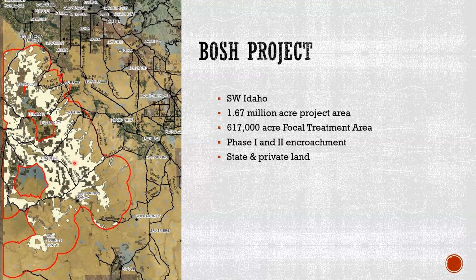NRCS has invested heavily in the Bosch project area, to the tune of, Owyhee County gets most of the sage grouse money each year. So that was kind of my role in this position, to make sure that we're all on the same page, that everyone's informed, and we're all working towards the same goal.